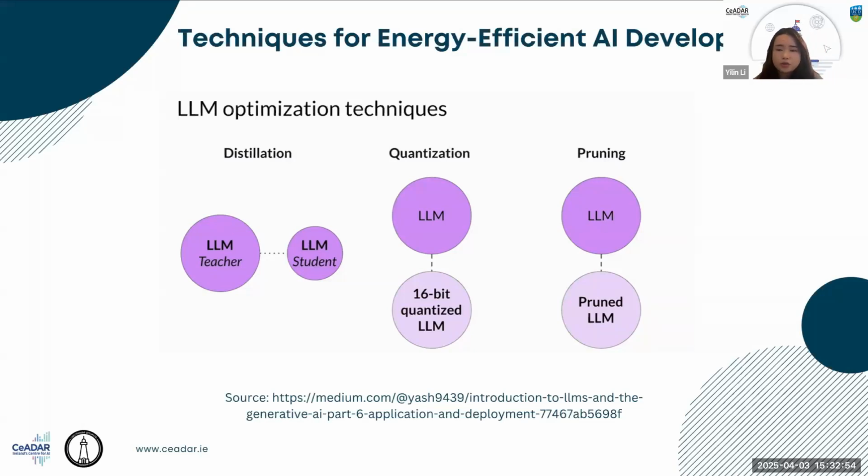Quantization is reducing the precision of the model numbers to make it faster and lighter, and pruning is removing the parts of the model that aren't really needed. Each of them can help cut down on energy use and make models run faster and cheaper, both during training and inference. So let's go through them one by one.